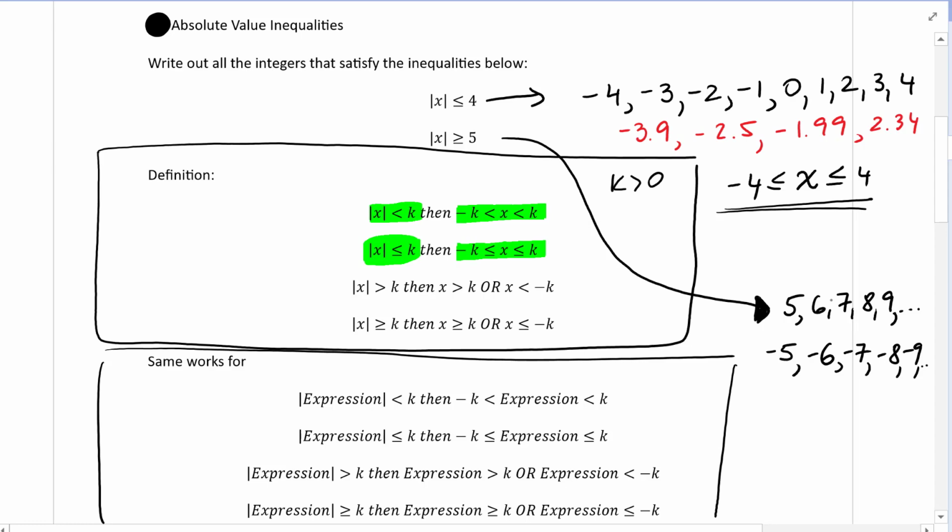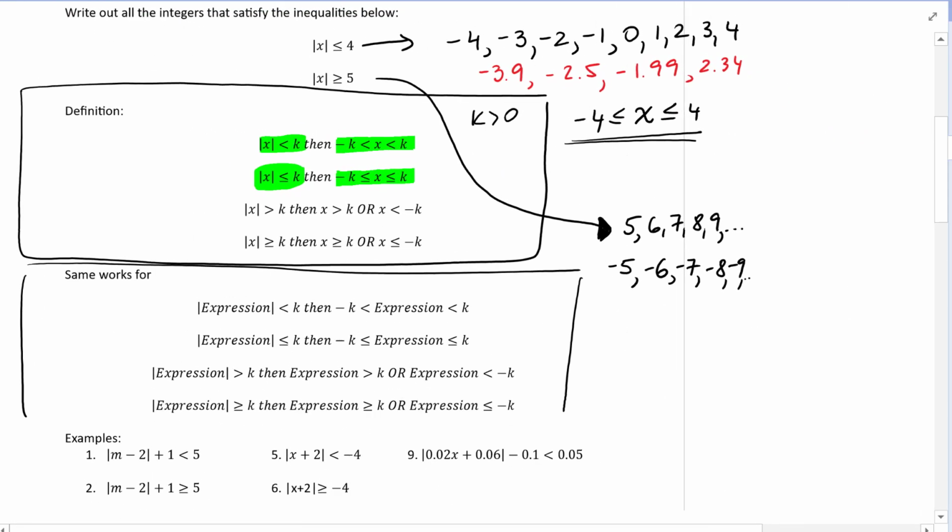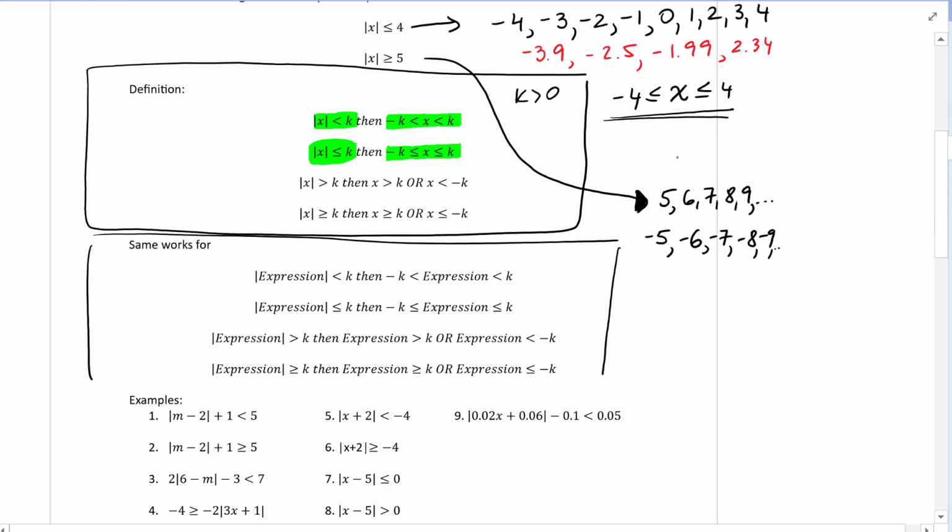So if I want to write these as inequalities, because also 5.1, 5.2, I would say x greater than or equal to 5. And I would also write x less than or equal to -5. But in order to make sure all these solutions are included, I will use the word or between them, because and is impossible, right?